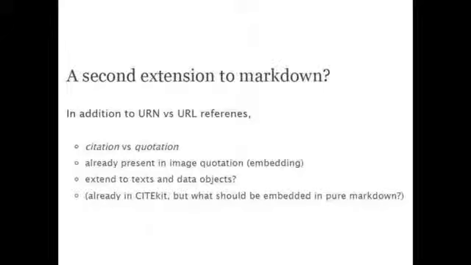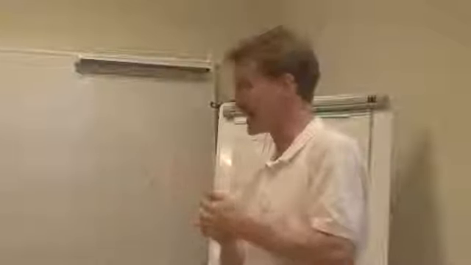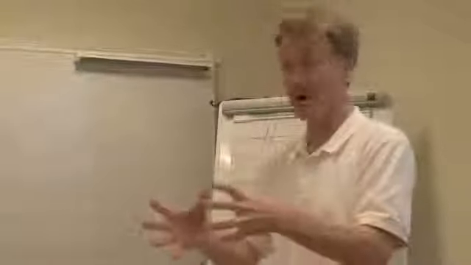And so we've actually done that in Chris's sitekit. We've followed the Markdown convention that when you put an exclamation point in front of the brackets, it means don't link to it, suck in the content. And we get embedded content from texts, from objects, as well as from images.